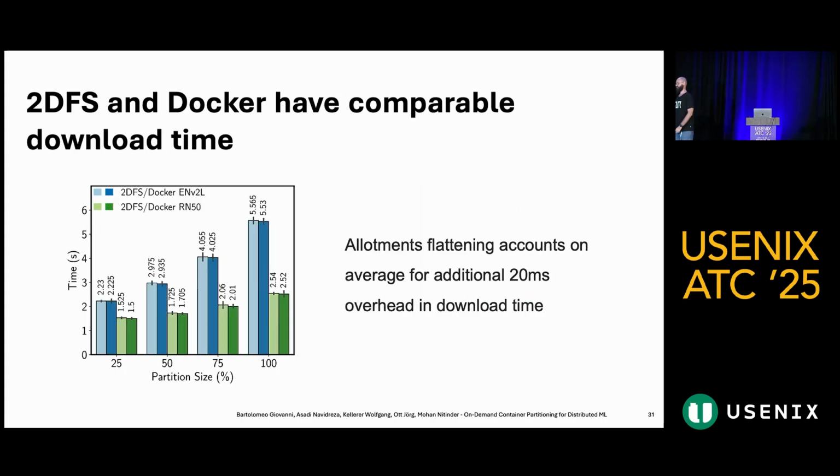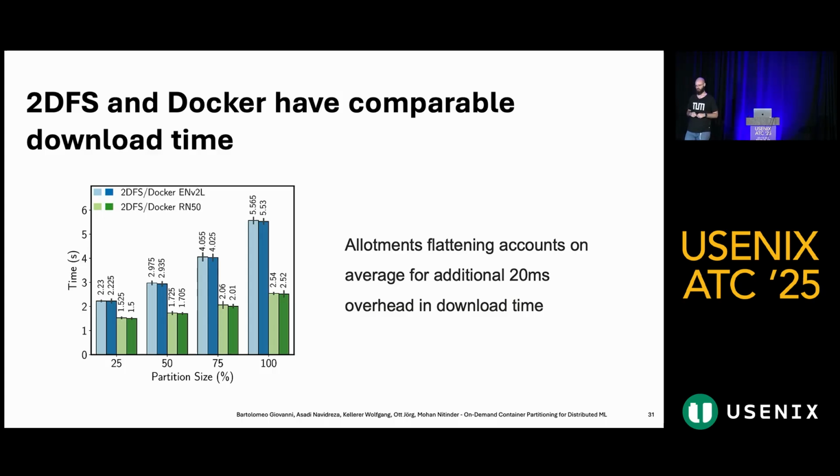This doesn't come for free, so this is important to keep in mind. The issue is that this flattening technique that happens at the registry is an operation that we have to perform every time someone is requesting these model partitions. So every time we have this request, we have this 2DFS that we have to convert into traditional OCI layers.